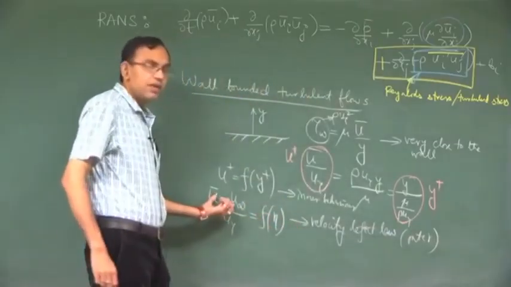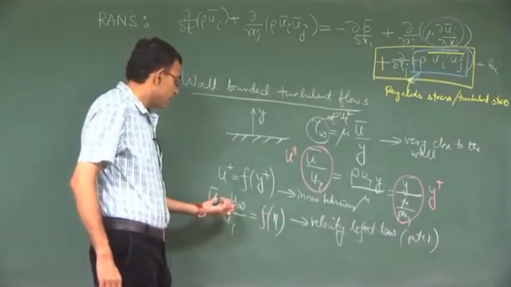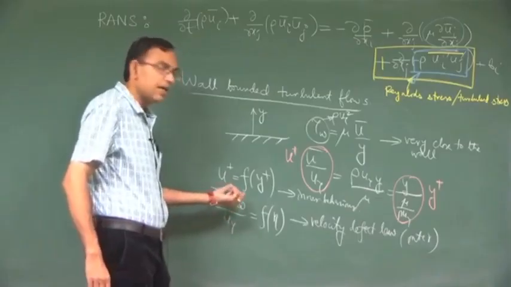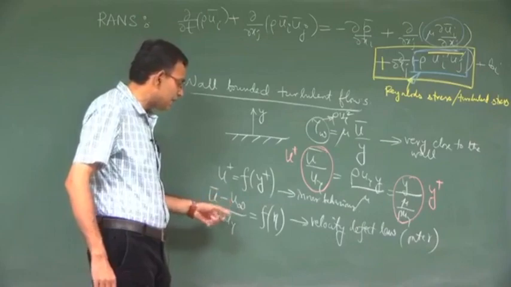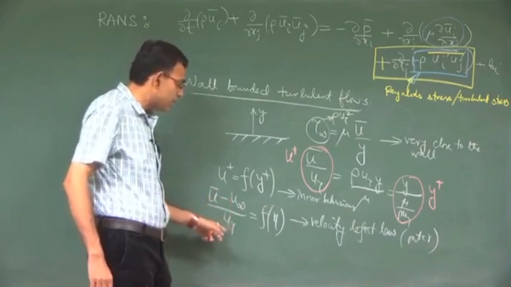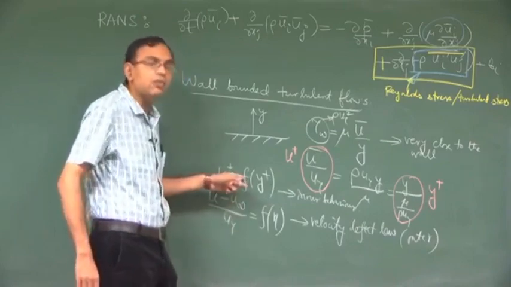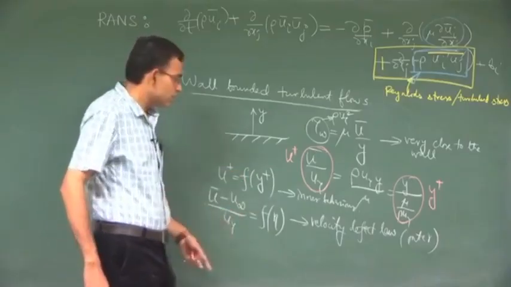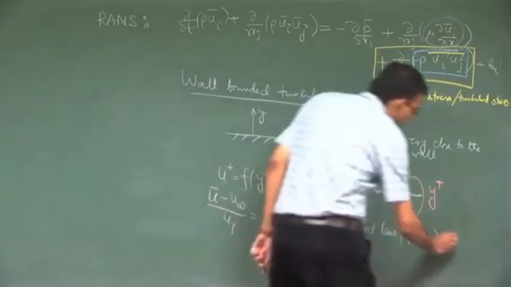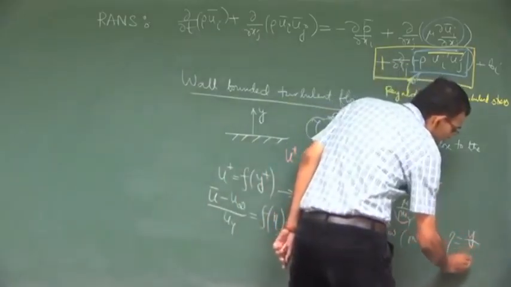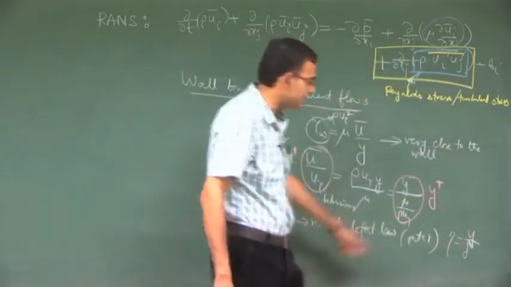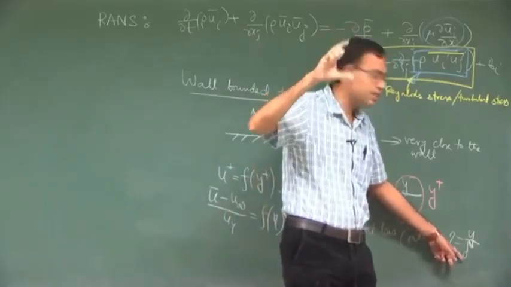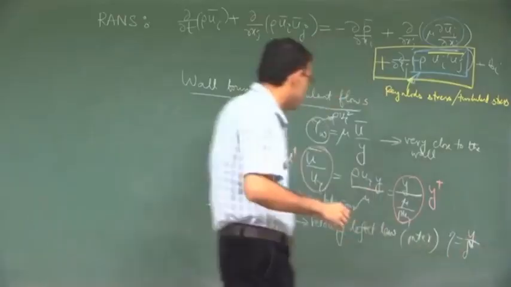This deviation of u bar from the free stream is because of the turbulent stress, and that is somehow normalized with respect to u tau, and that is how the inner layer effect propagates to the outer layer. So, this is a function of eta, where eta is a different dimensionless scale, y by delta. This delta is a length scale of the outer layer. So, this has nothing to do with the inner layer.